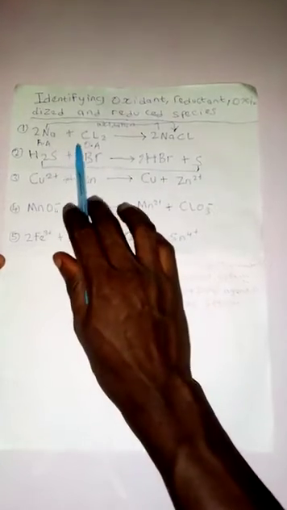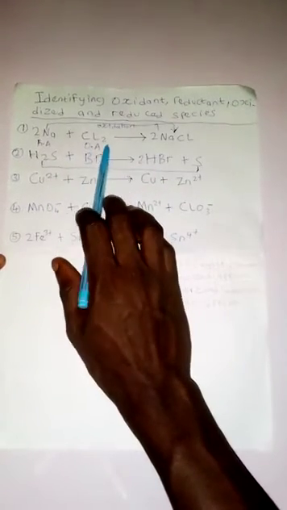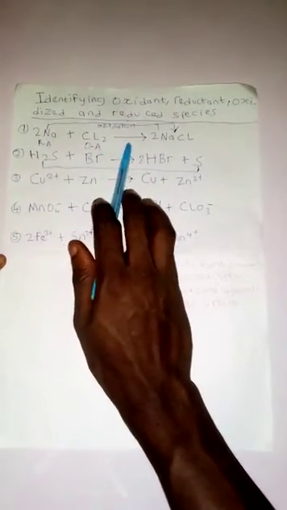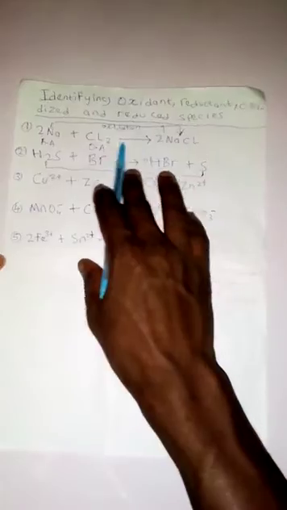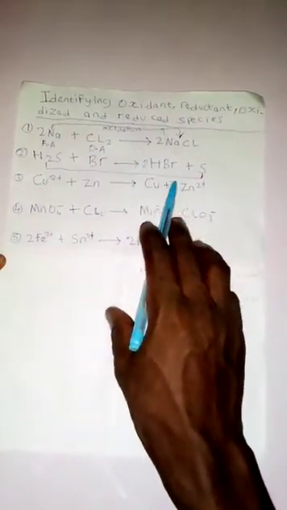Let's start with the reaction between sodium and chlorine. To answer questions like this, the first thing that should come to your mind is the definition of oxidation and reduction. One definition says oxidation is the addition of electronegative elements.